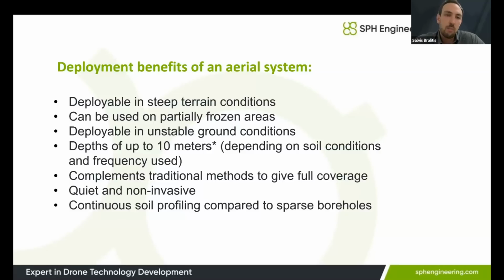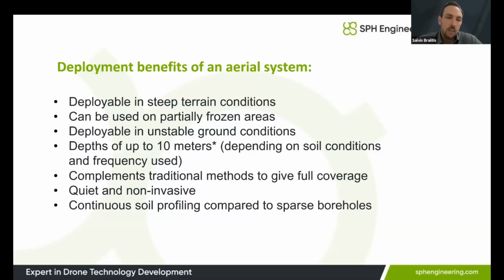You can achieve depths up to 10 meters, but I have to say it depends on the soil conditions; dry sands, and dry conditions in general, are favorable for GPR. And obviously the frequency that you're using, from low frequency at 50 megahertz going all the way up to 1 gigahertz antennas that we're using.